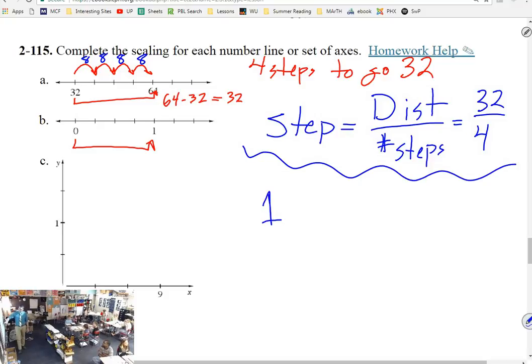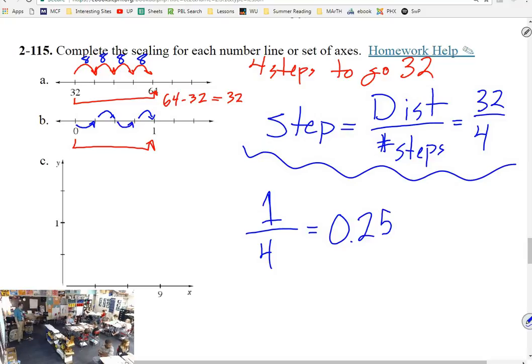Distance of 1 divided by how many steps? Patrick? Because I don't just look at lines, I go 1, 2, 3, 4. Each step is 1/4 or 0.25.